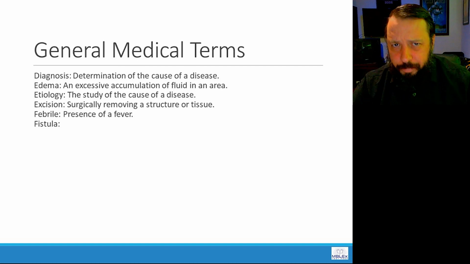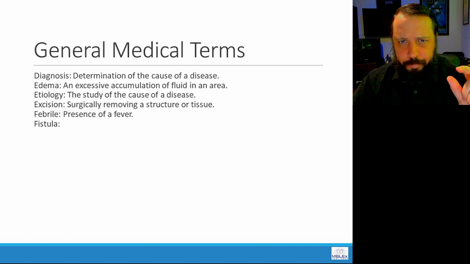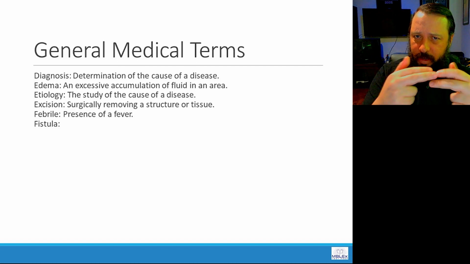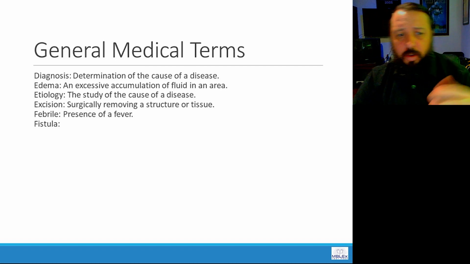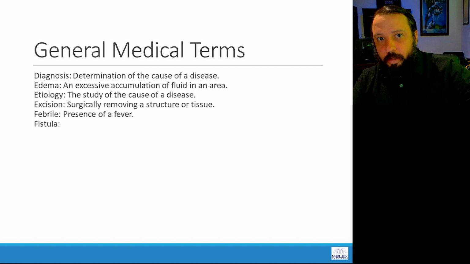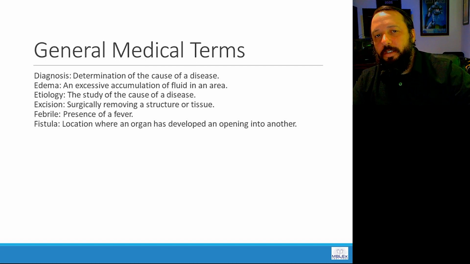A fistula is... there are a few examples of a fistula in the body. The most common one is an anal fistula, where the rectum and the skin are kind of joined. A pathway develops between the rectum and the skin. So a fistula is a location where an organ has developed an opening into another.